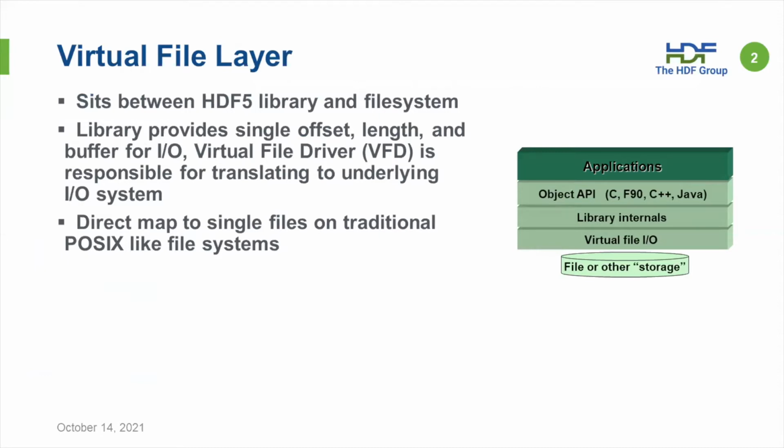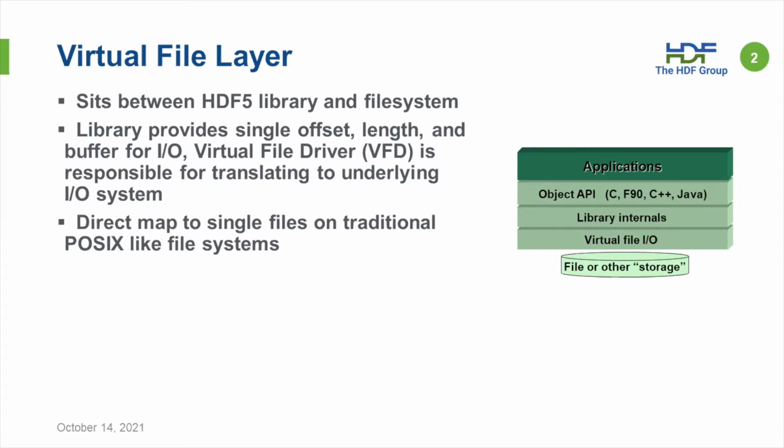So the virtual file layer, you may be familiar with this already. It sits between the library internals and the actual file system. The library will pass offset, length, and buffer to read or write from to the virtual file layer, which just contains virtual file drivers.